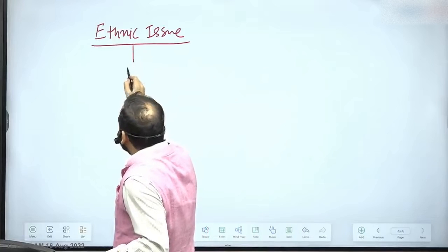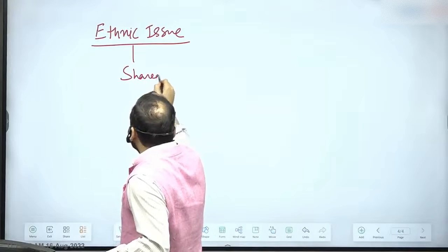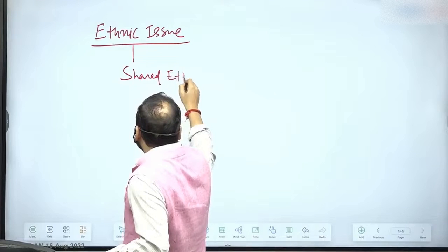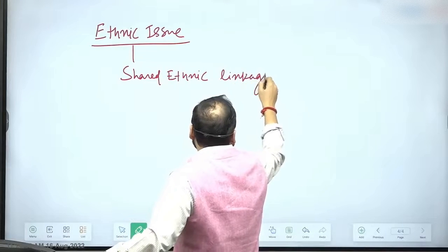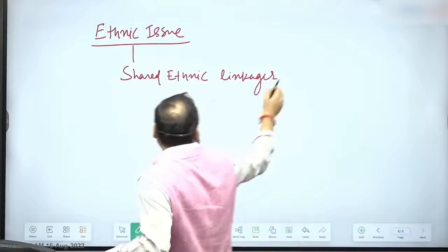So first of all, it emerges from shared ethnic linkages between India and Sri Lanka.